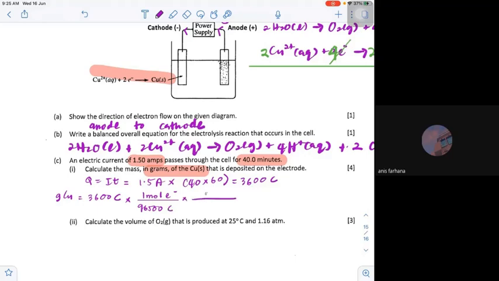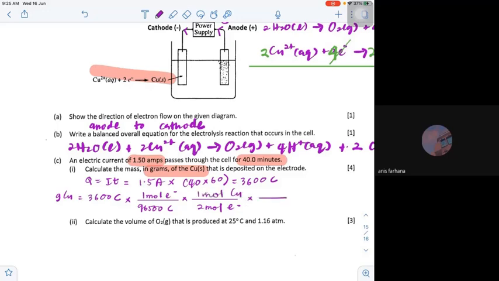And then from the equation here, this is the step to calculate the number of moles, and the next step is to calculate the number of moles of copper deposited. So for every 2 moles of electrons that are flowing, according to the equation, 2 electrons, 1 copper. So 2 moles of electrons, 1 mole of Cu solid is produced.